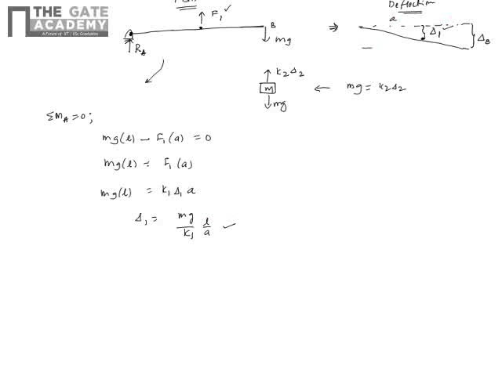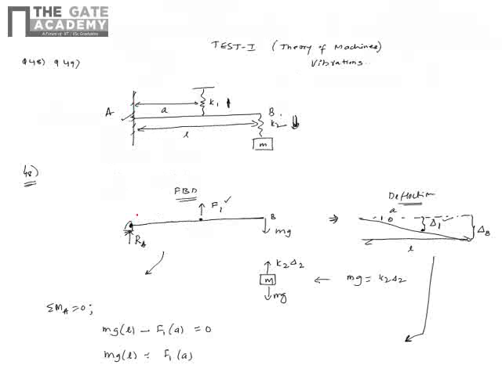This is A, the total is L. So I can basically apply similar triangles. This angle is constant. Remember that what is given in the problem is wrong. This shouldn't be fixed, there is a hinge here.